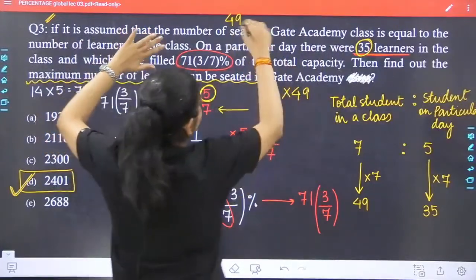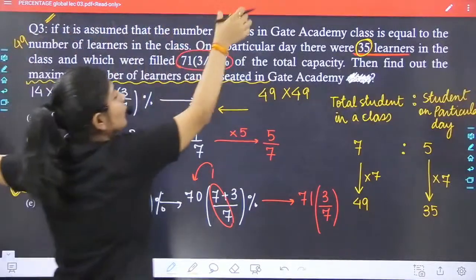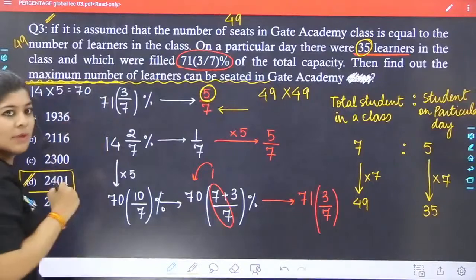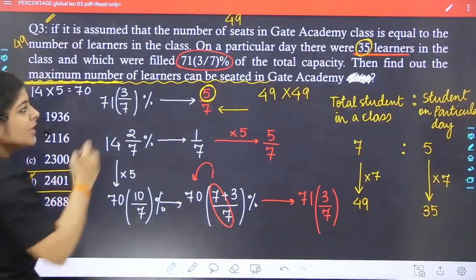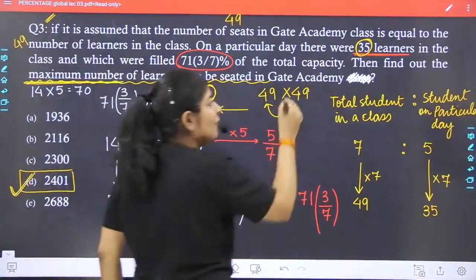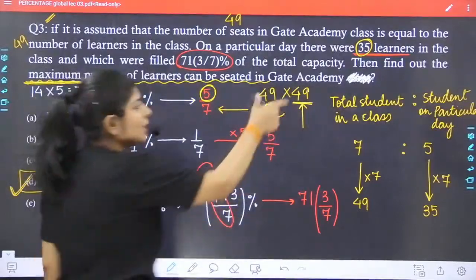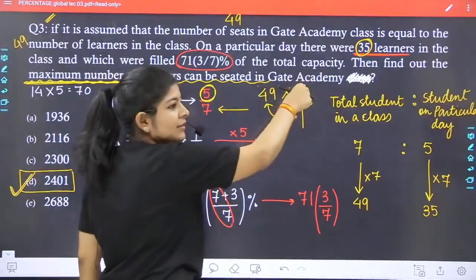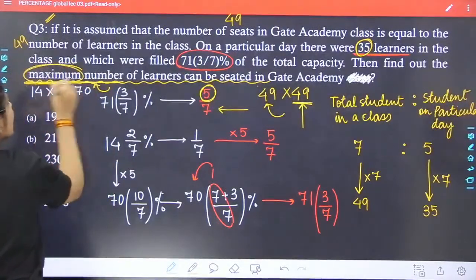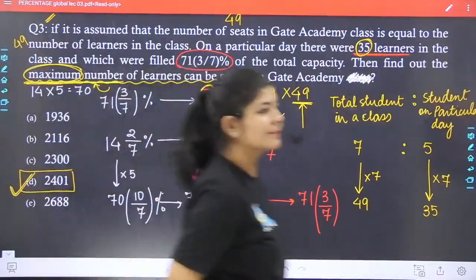So if there are 49 learners in a class and we have 49 classes, we have to calculate the maximum number of students that can be seated. That is equal to 49 into 49.